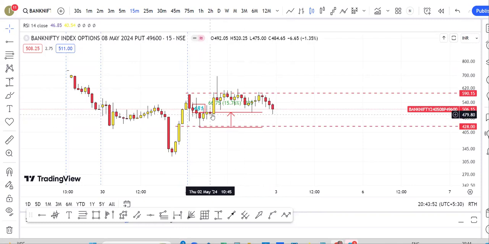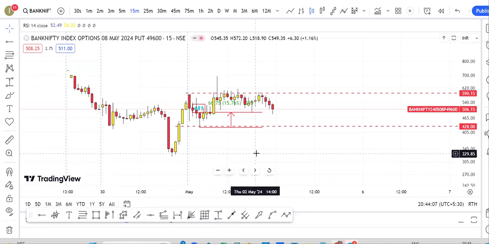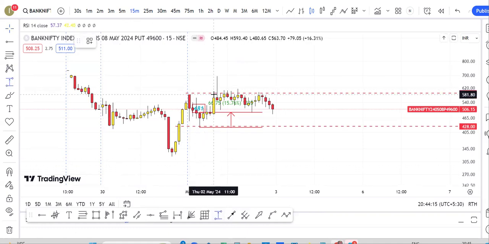So when you have entered around 481, 481 plus 60 points is equal to 541. So you can anticipate a target of 541 in the market.